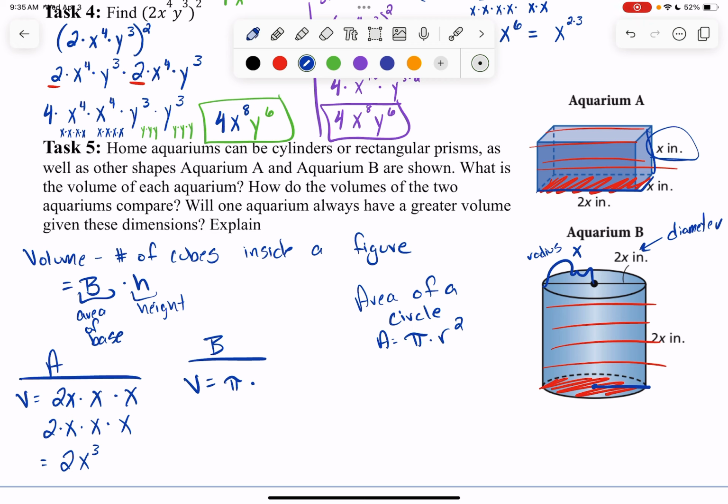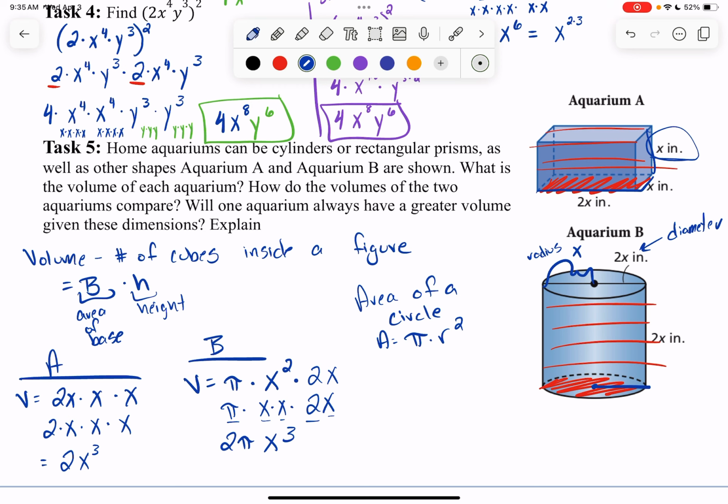So I have pi times 1x to the second times the height of the prism. How tall is it? Well, it's 2x. So I have pi times, I'm going to write it as x times x times 2x. So I have 2 times pi, we'll just write that as 2 times pi, times x to the third. So 2 pi times x to the third.